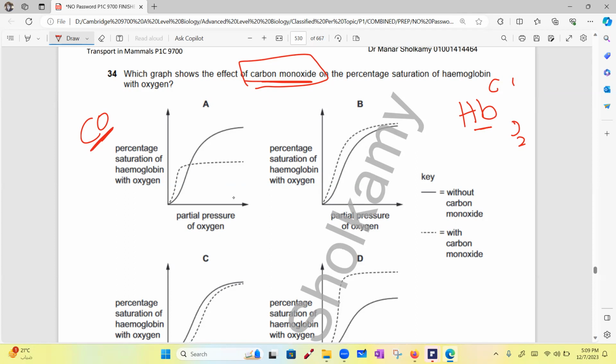It will bind with carbon monoxide, and no matter, even when the partial pressure of oxygen increases, the percentage saturation with oxygen will not increase. It will stay the same because it will keep on binding with carbon monoxide. This also shows B can never be right, because B means the affinity of the hemoglobin increased or decreased.